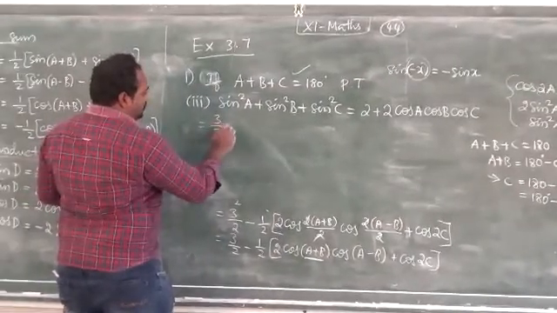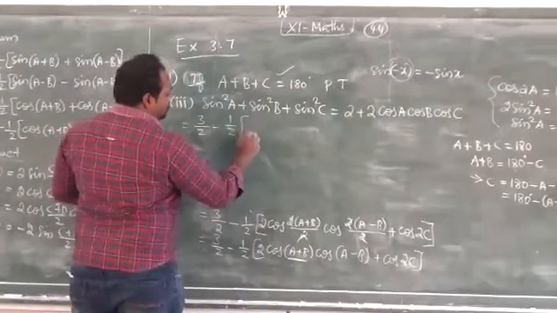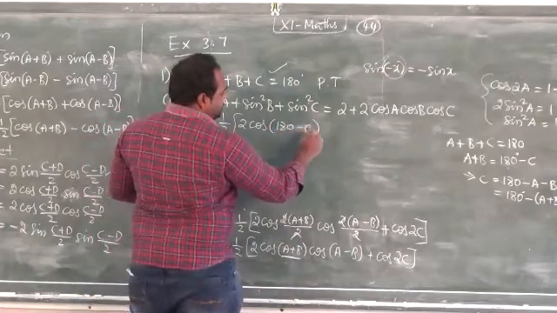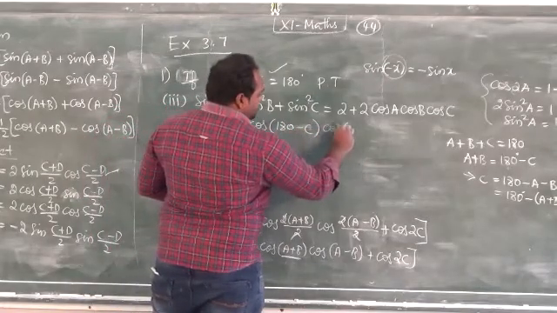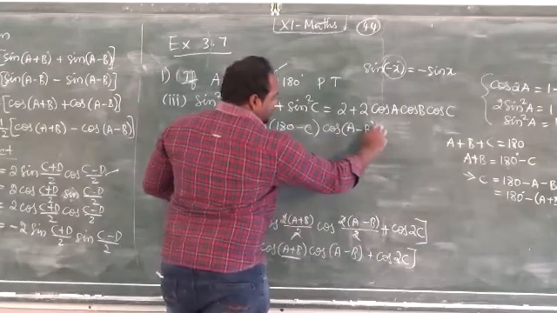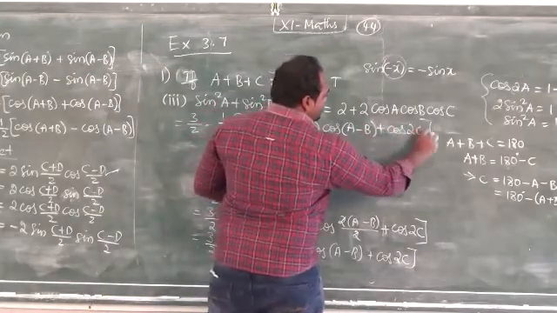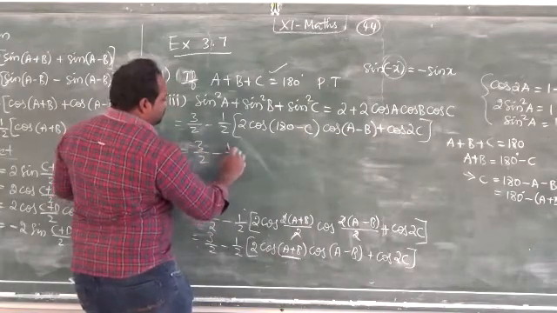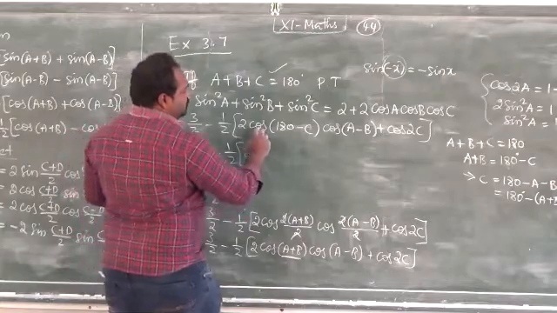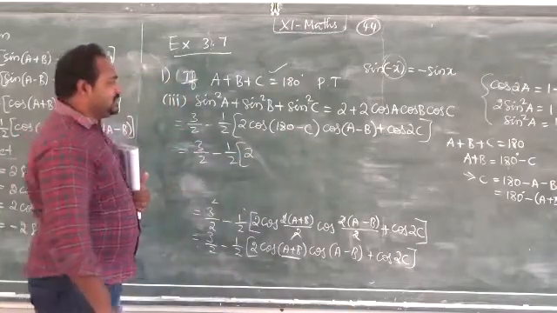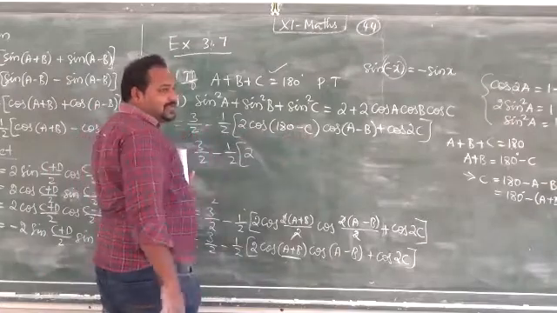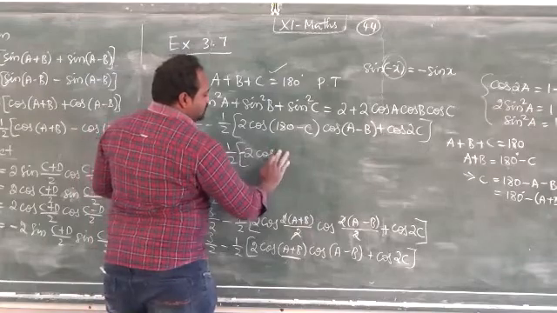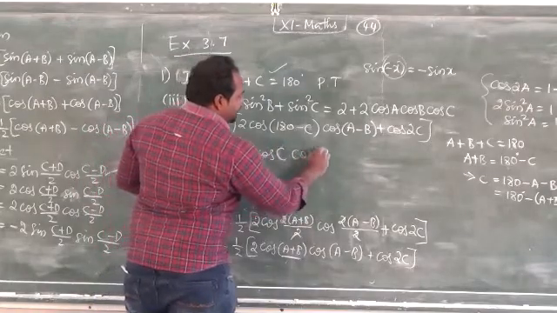So 3 by 2 minus 1 by 2 into 2 cos of (180 minus c) cos of (a minus b) cos 2c. Now 3 by 2 minus 1 by 2, 2 into cos of 180 minus c: second quadrant, cos is negative, so minus 2 cos c, the remaining as it is.